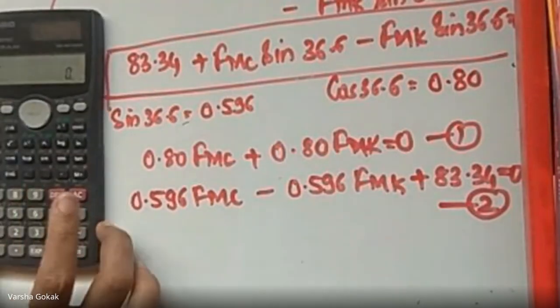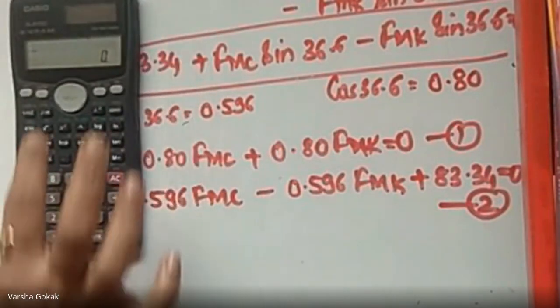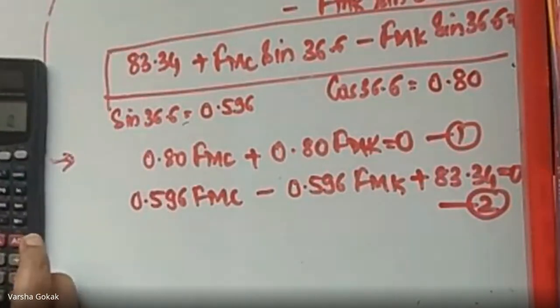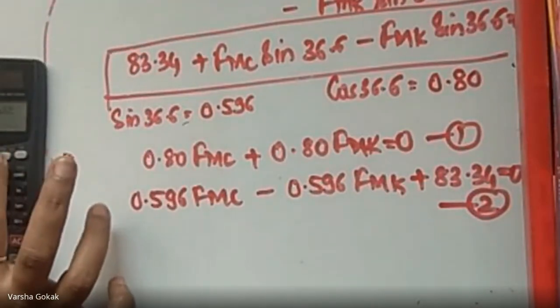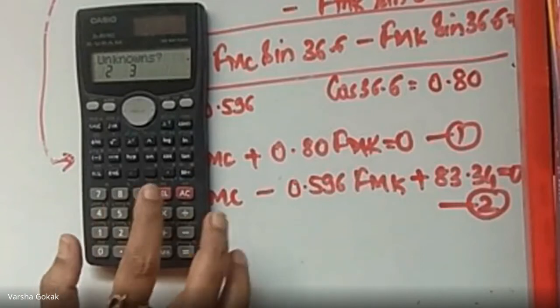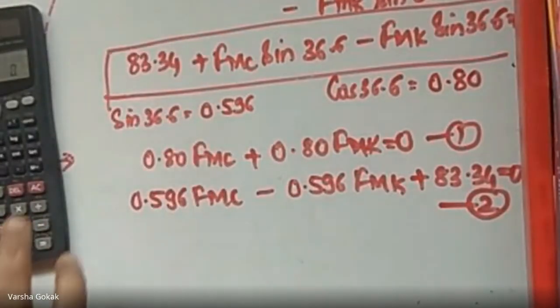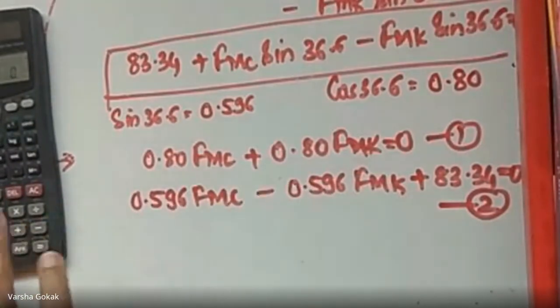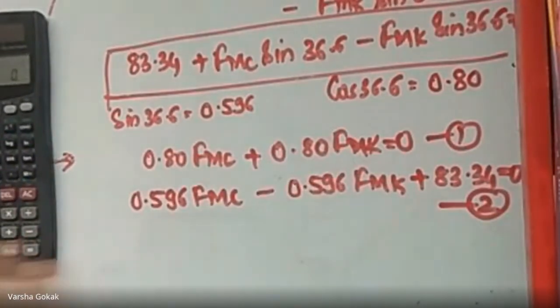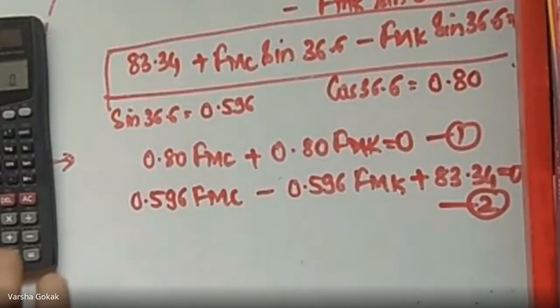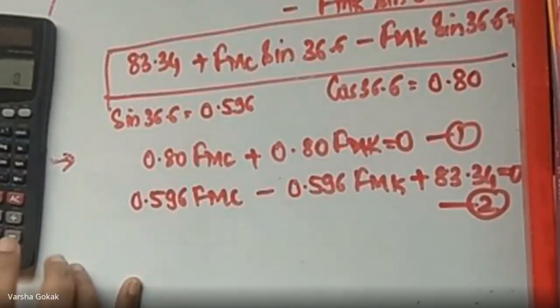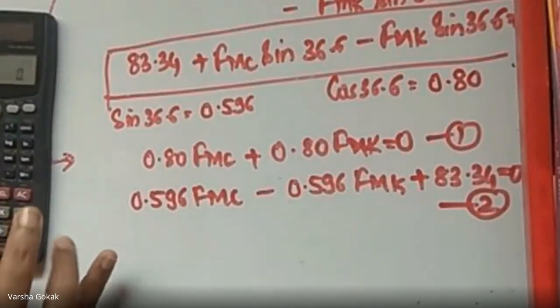If you have a silver one also, or this also, both will solve. In this mode, equation, unknowns are 2. So 2 unknowns. 0.8, B1 is also 0.8, and C that side is 0. A2 is 0.596, this is minus 0.596.